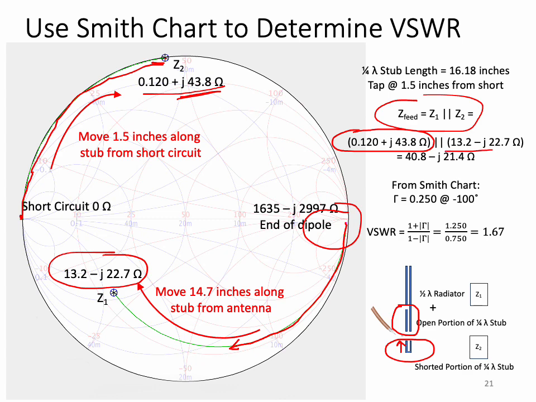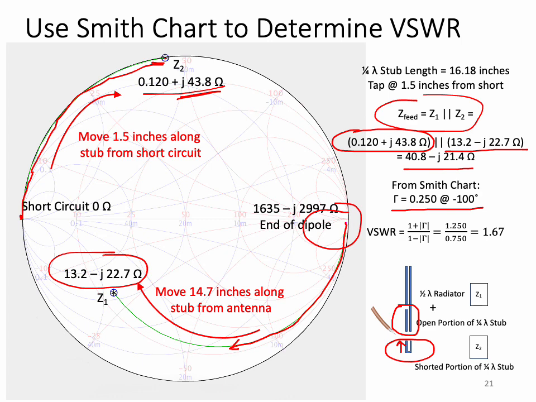We end up with an impedance of 40.8 minus j21.4. From the Smith chart, this turns out to have a reflection coefficient of 0.25 at an angle of minus 100 degrees. So the feed impedance being the parallel combination of those then gives us a reflection coefficient of 0.25.